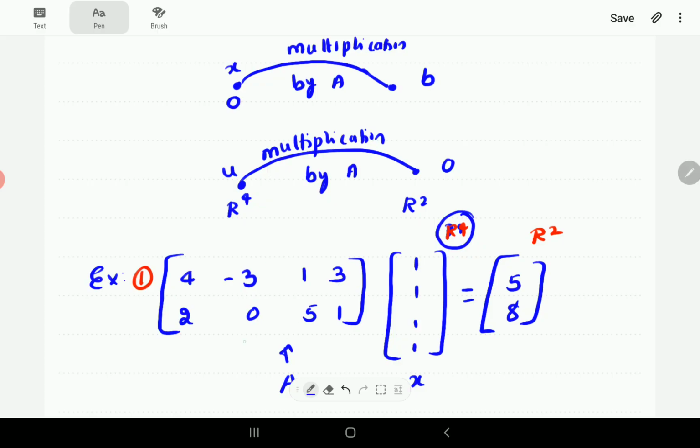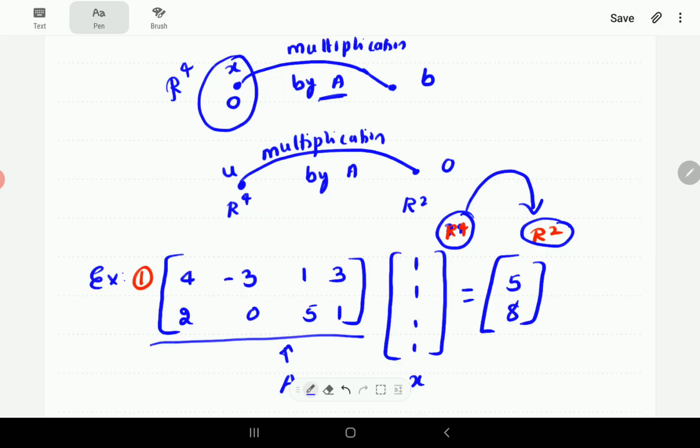When I multiply this matrix with the vector in R4, I get the result vector in R2. So we are transforming the vector from R4 to R2.